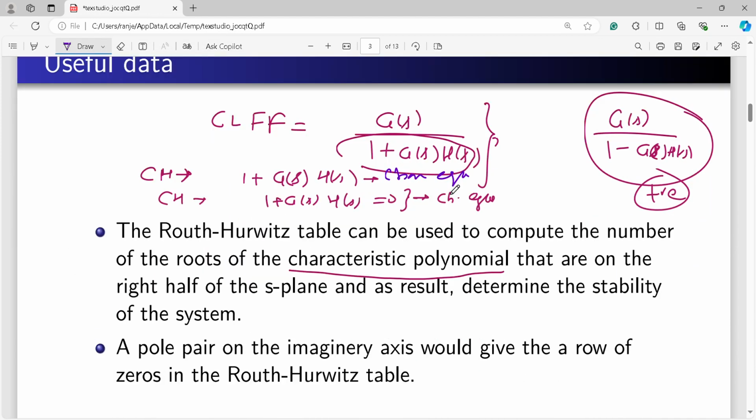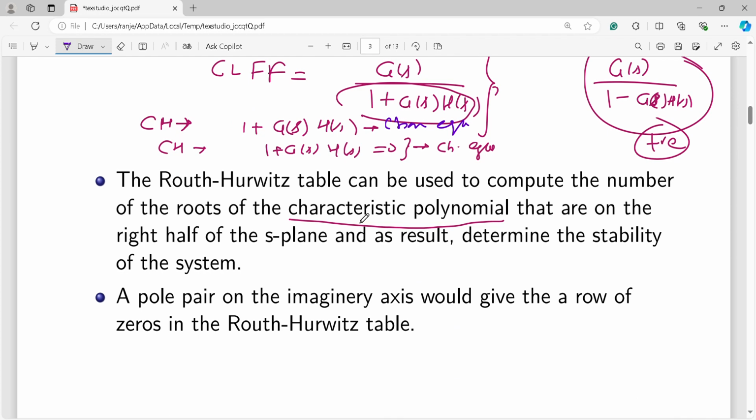So we need to find out whether the poles of a given system are on the right hand side of the S plane or the left-hand side. Here they are asking when the system has poles on the imaginary axis, what is the gain value, I mean the k value.